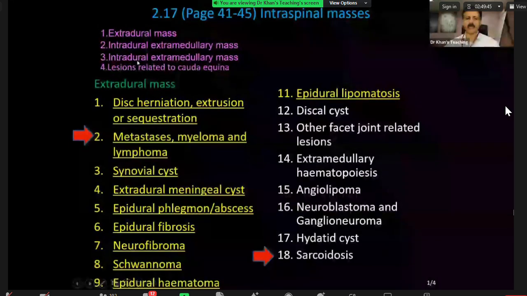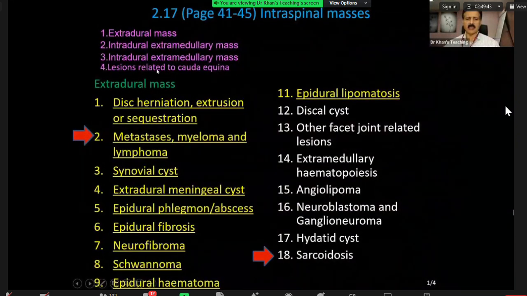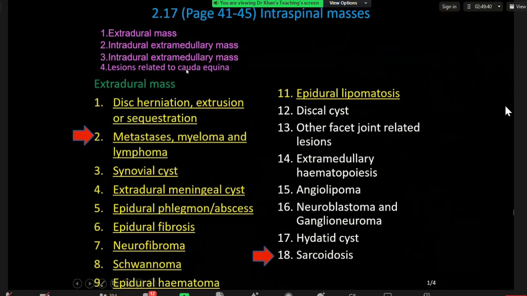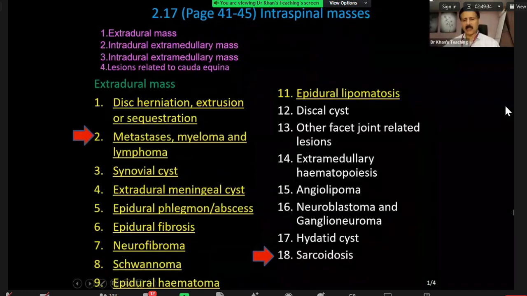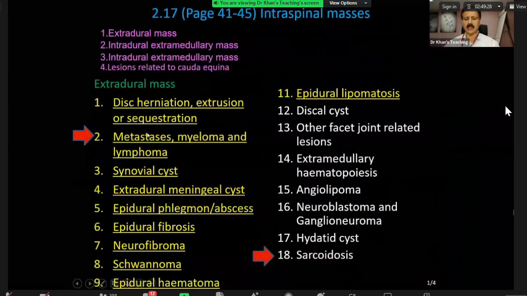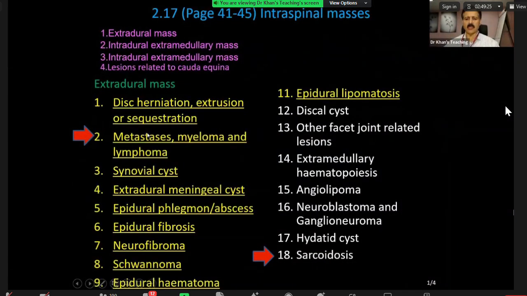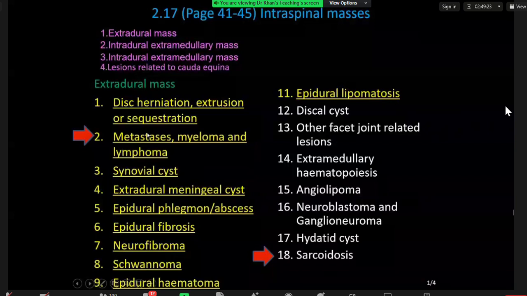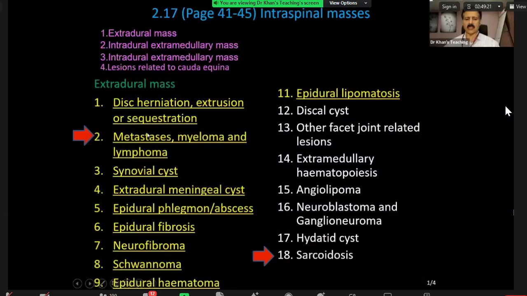So this is intramedullary lesions, and then lesions related to the cauda equina. For extradural masses, a key thing for the exam is that there are a few lesions which can occur anywhere: intramedullary, intradural extramedullary, as well as extradural.